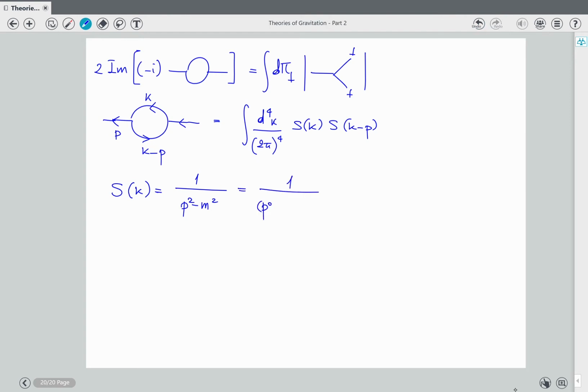So this is equal to S of P, which is P0 squared minus the space components of P squared minus M squared. And that can also be written as P0 squared minus omega squared, where omega is the square root of the space P squared plus M squared.